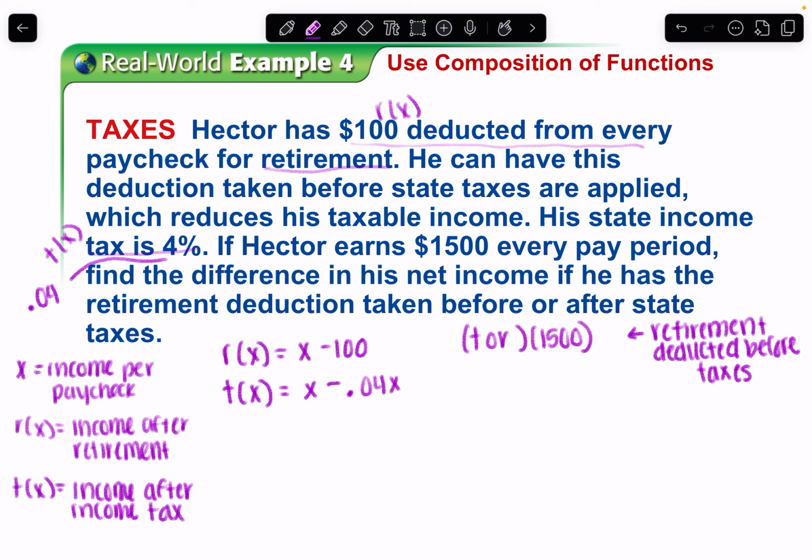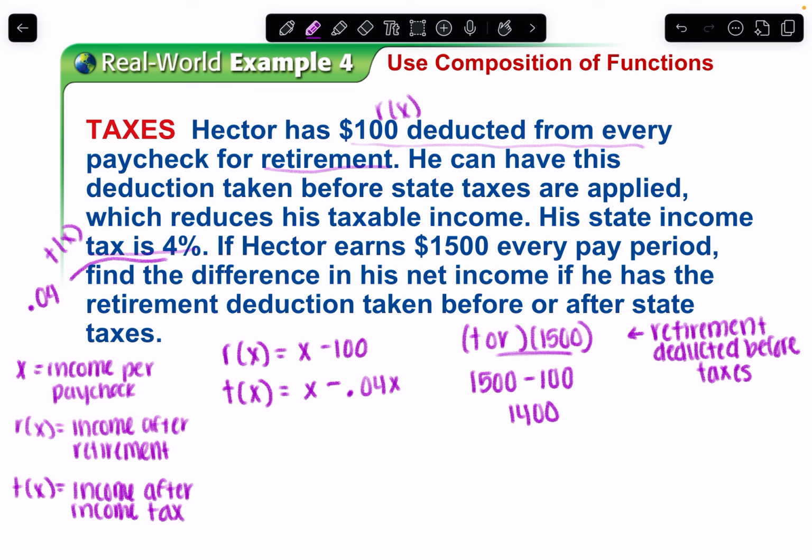There are two ways you can look at this. I'm doing R of $1,500 first, so I take $1,500 and plug it into my R of X formula, which is just X minus 100. So I have 1,500 minus 100, which gives me 1,400.